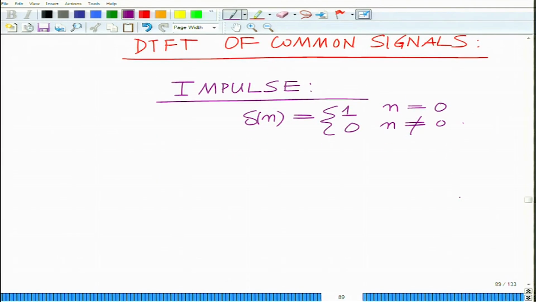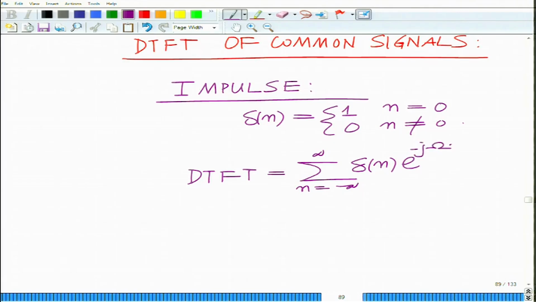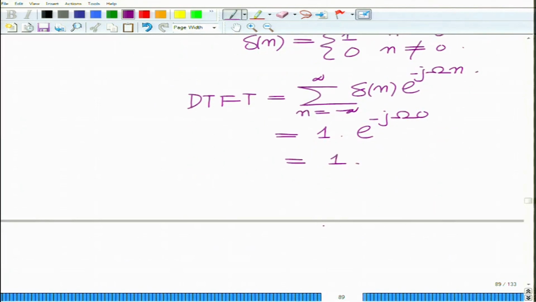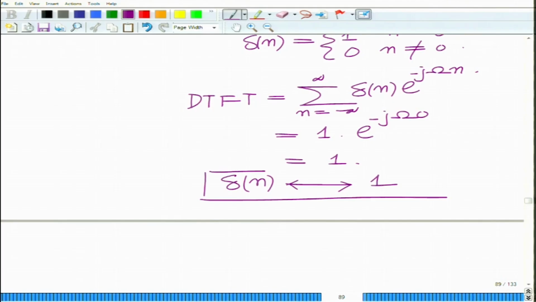This is a very simple function. The DTFT is simply the sum n equals minus infinity to infinity delta n e raised to minus j omega n. This is non-zero only for n equal to 0, at which it is e raised to minus j omega 0, which is 1. So the unit impulse has a DTFT which is unity.